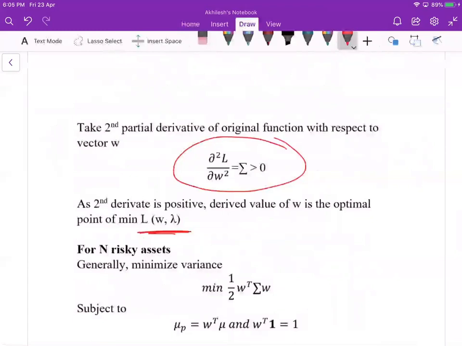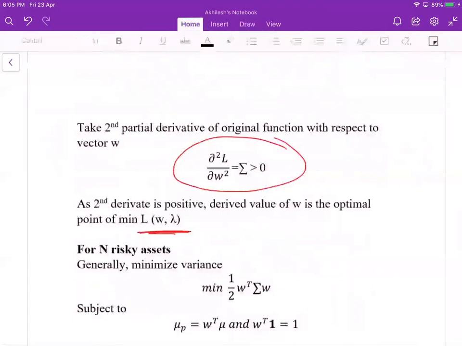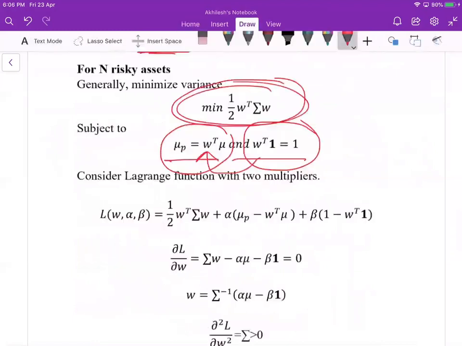This you can also do without substituting W into this one, you can take it separately. So the Lagrangian function: this is the variance term, and this is the return term, and this is the weight constraint. Okay. So alpha and beta here are the Lagrangian multipliers, and you can optimize this the way the Lagrangian function teaches you. So here again we'll differentiate with respect to w.